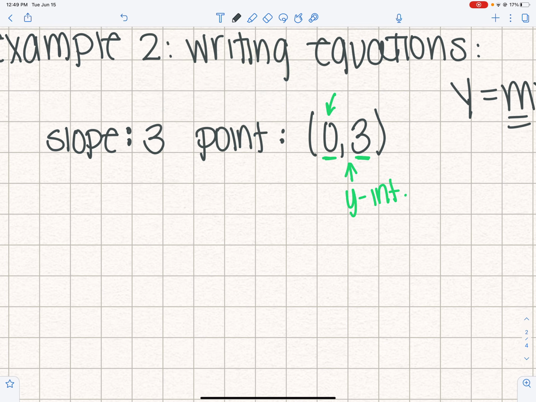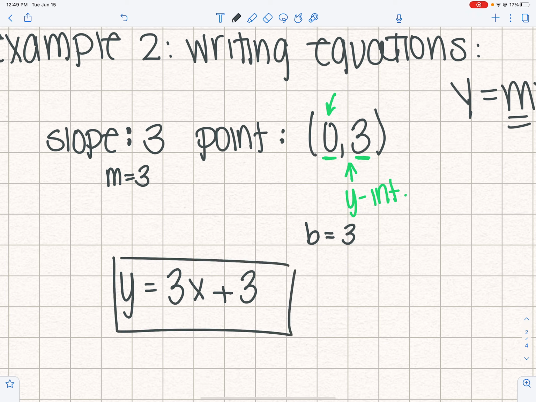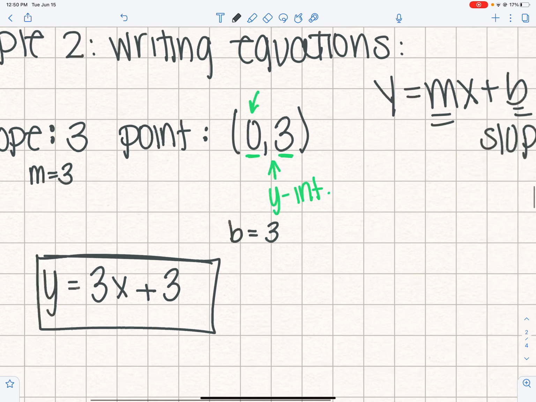And so they told me essentially that b is 3 with that point. Slope is 3, so that's my m. So my equation is going to be y equals mx plus b. And so there is my equation for that scenario. So that one was pretty easy because the point actually was the y-intercept.